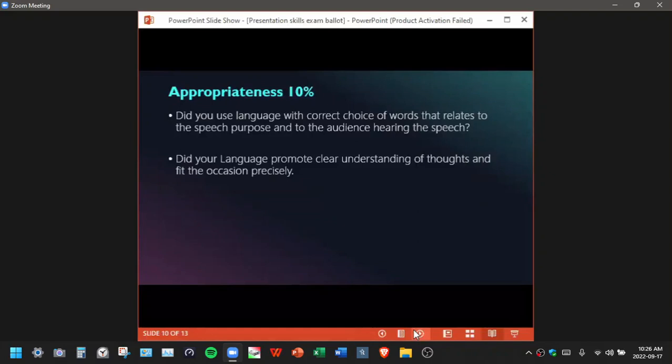And the appropriateness, whether the things that you are saying are appropriate for this audience, and whether those points are practical, and whether the language you use gives a clear understanding of your thoughts and fits the occasion.